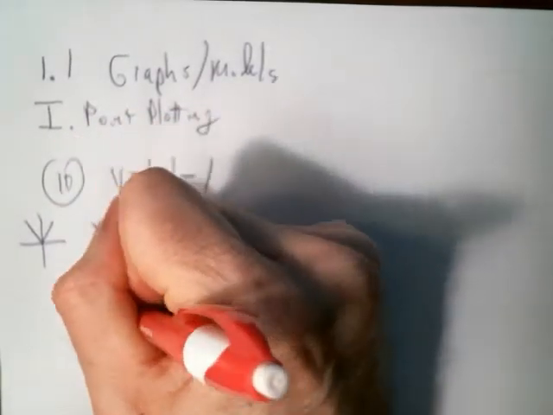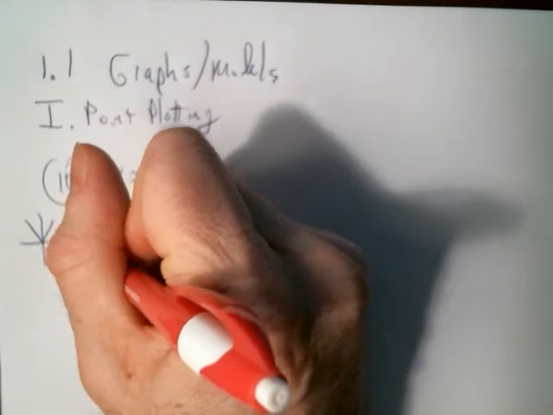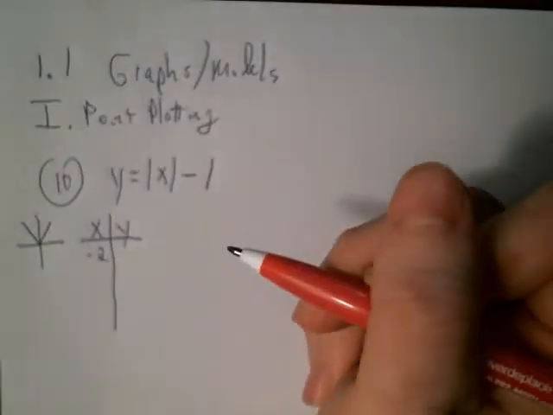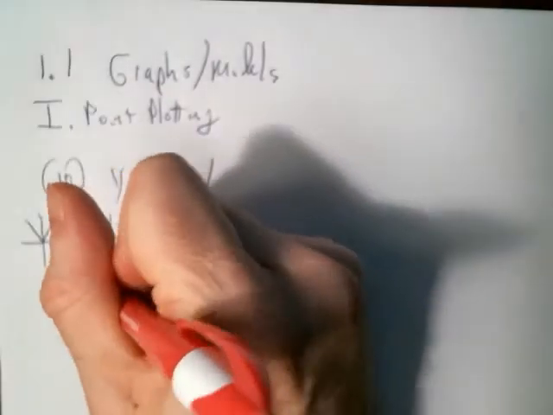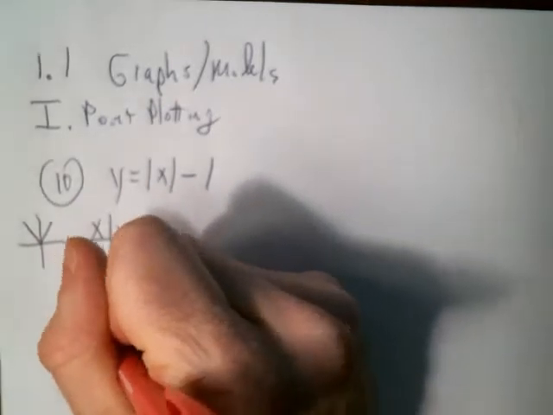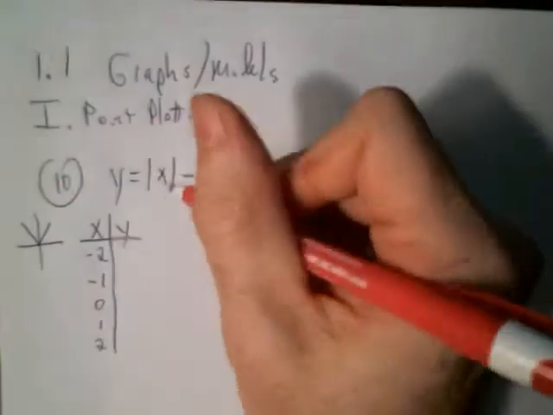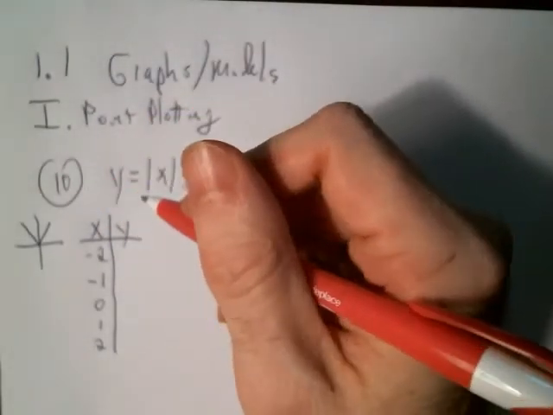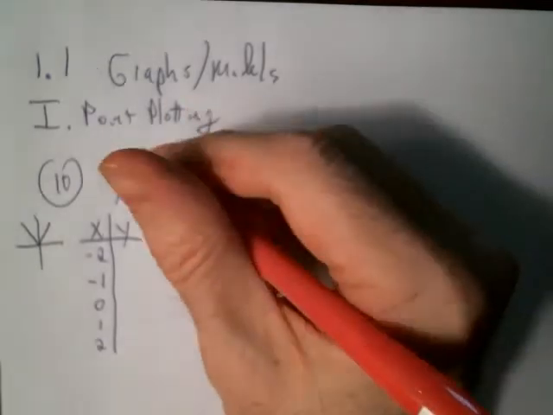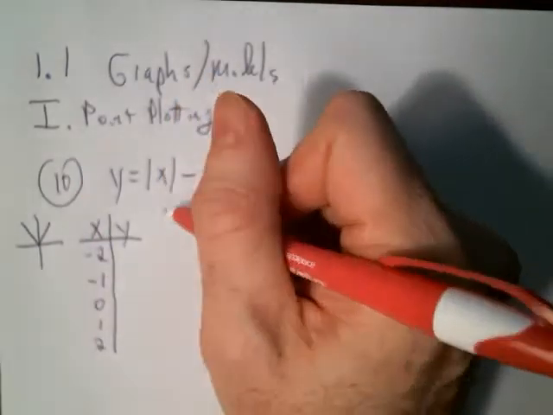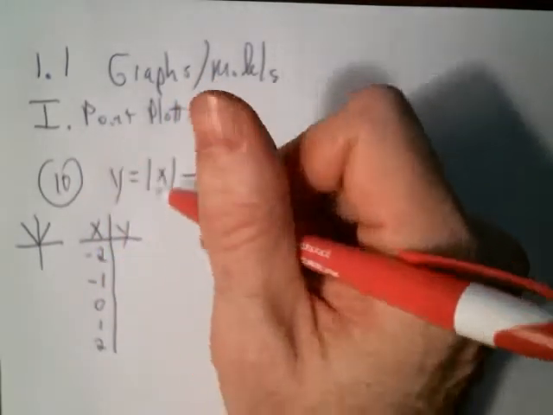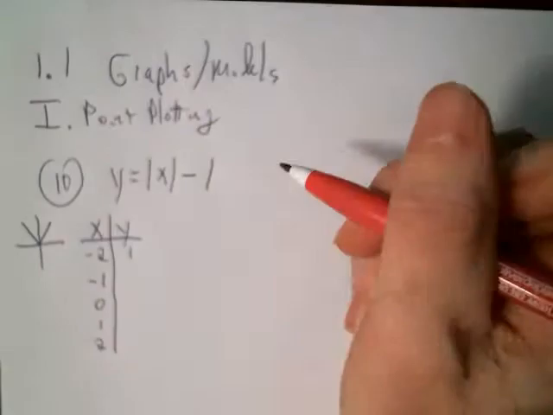But if not, you can go through the process of just listing a bunch of points and then graphing the points, right? Hopefully we get it centered in a particularly important place. We'll talk more about important places throughout calculus. We put the numbers in here, so the absolute value of -2 is 2, 2 minus 1 is 1, and so on.